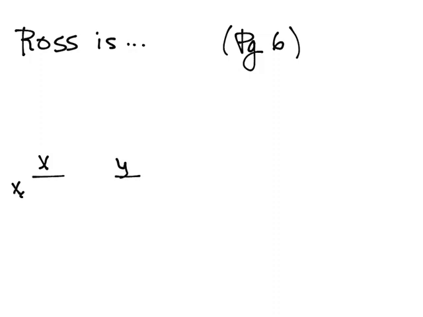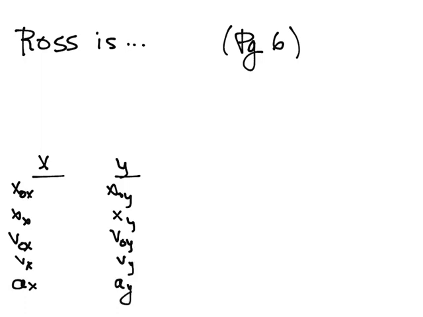And you're going to find x naught x, x naught y, xx, xy, v naught x, vx, ax, v naught y, vy, ay. And then you're going to try to solve the problem. So spend 5 minutes doing that, and then come back to this video.